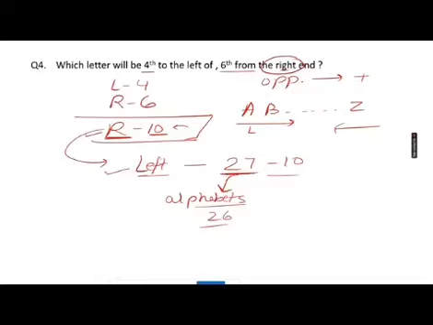So we have to subtract from 27. So 27 minus 10 will be 17. So now we can answer this question: the 17th letter from the left will be Q. So this is our answer.